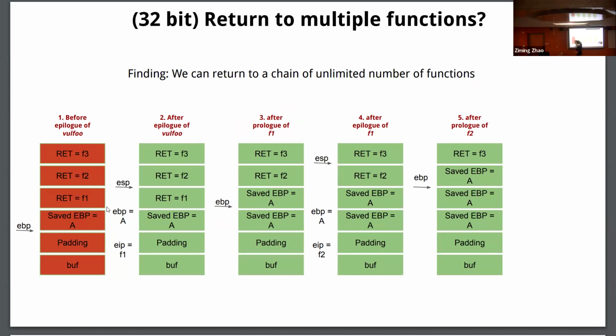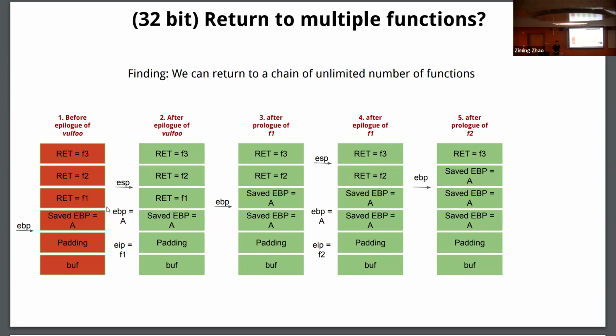We put F1's address here, 4 bytes higher we put F2's address, 4 bytes higher we put F3's address. So vulfu will return to F1, F1 will return to F2, F2 will return to F3. So we can chain many functions together.